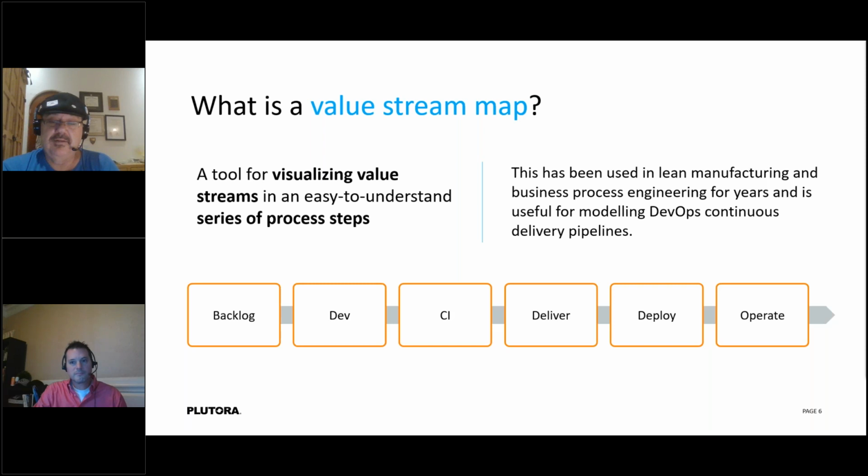Value stream mapping has been applied to many, many things, but it's essentially just a way of visualizing a process flow and makes it really easy to understand. So you define the steps in your process, try not to make it too complex, even though in reality, we all know business processes are particularly complex.